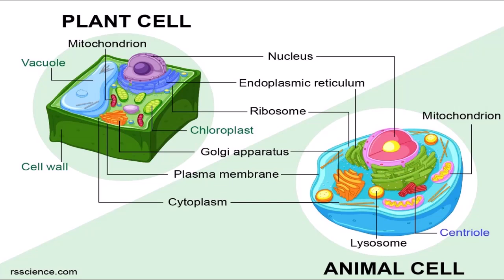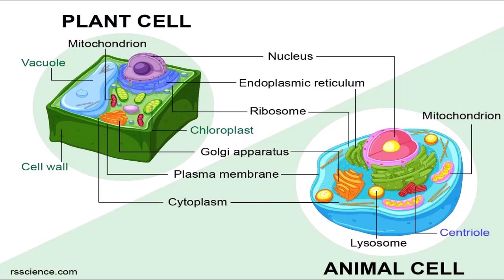Next is vacuoles. Vacuoles help in the storage and disposal of various substances. They are few, large or a single vacuole in the case of plant cell. And in the case of animal cell, vacuoles are usually small and numerous.